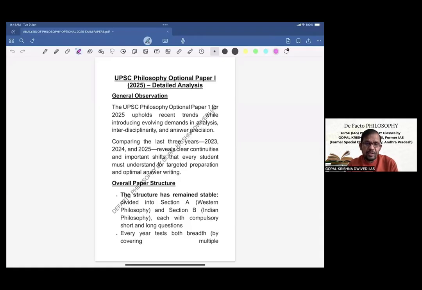As I told, the overall structure of the paper has remained stable: Section A, Section B, Western philosophy, Indian philosophy. There is no difference in that.